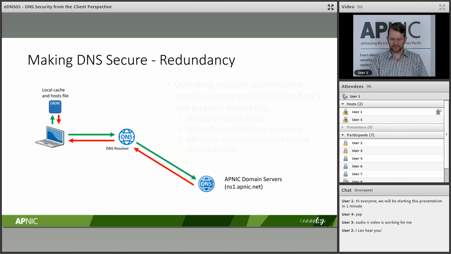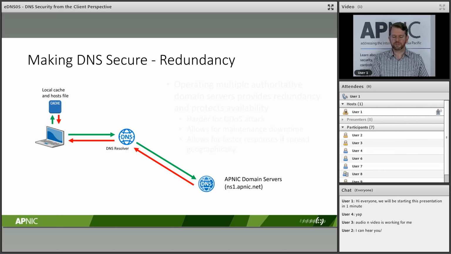It protects the availability of your individual domain name against denial of service attacks, or at least makes it harder to do denial of service attacks. This will also allow you to do maintenance downtime, where you can do upgrades and modifications to individual servers without taking the entire domain offline, and allows for faster response times if spread out geographically.